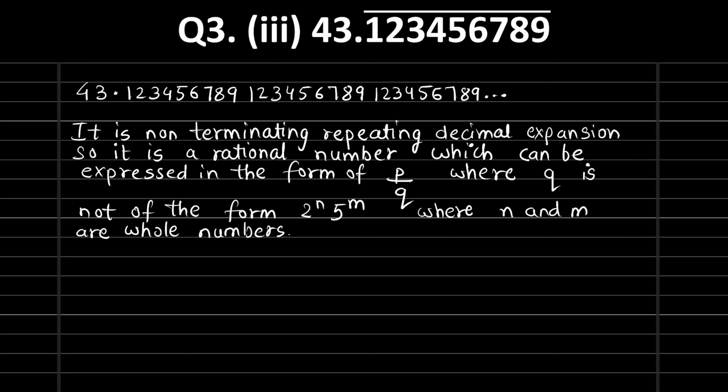But whenever it is a non-terminating repeating decimal expansion, again it is a rational number which can be expressed in the form of P by Q. But this time, the denominator will have other prime factors also in the prime factorization apart from 2 and 5. So, the prime factorization of Q in this case will not be of the form 2 raised to n into 5 raised to m.